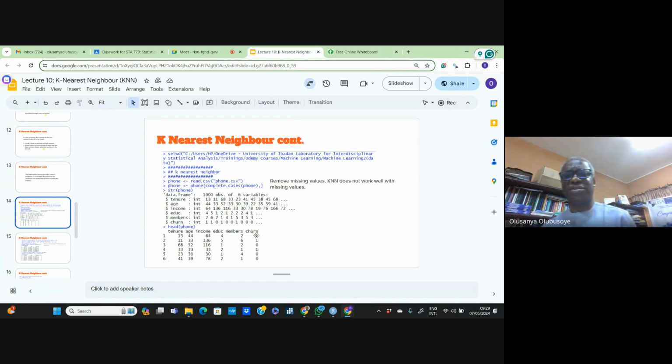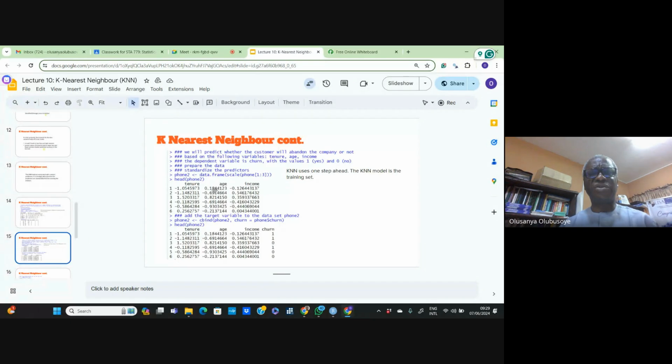So you can now use the KNN, but before you do that, you prepare the data and standardize the predictors.